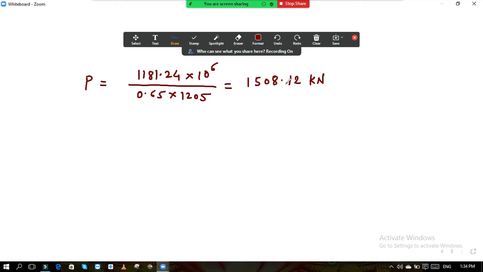Then the area of concrete which is required. From this we will calculate the area of concrete. A is equal to, how do we calculate the area of concrete? Force is known to us.